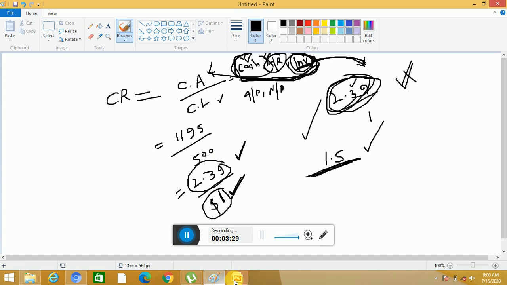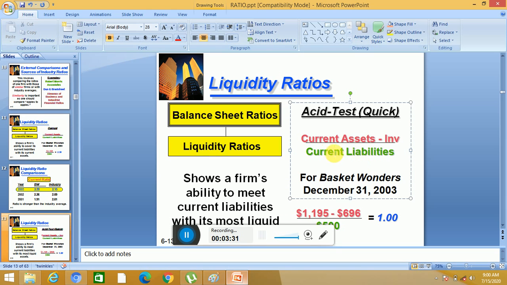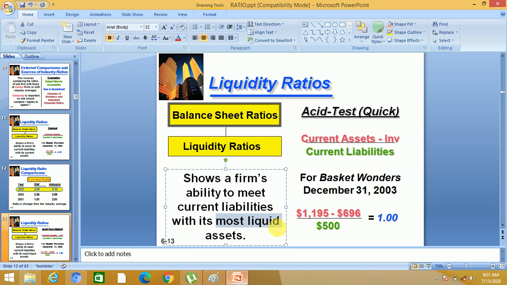So what are we doing? In our formula, from current assets, we are deducting inventory. See the definition: it shows a firm's ability to meet current liabilities with its most liquid assets. Inventory is not that much liquid, so that's why we are deducting inventory from our current assets, because we are taking most liquid assets.